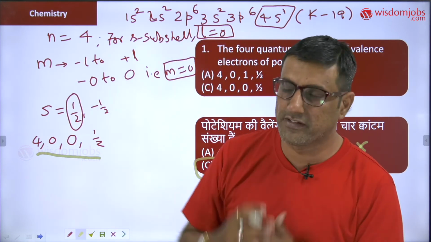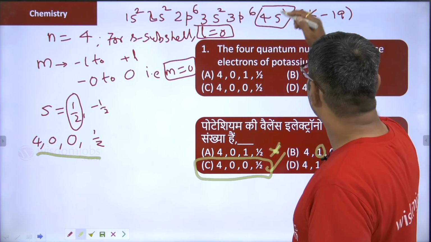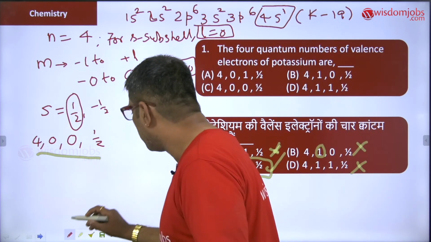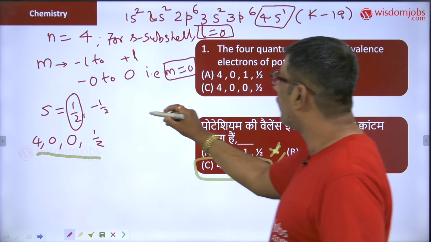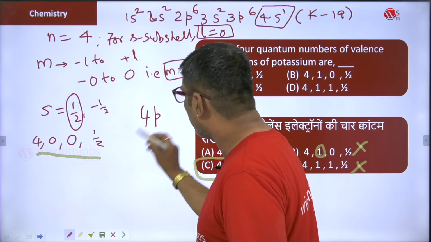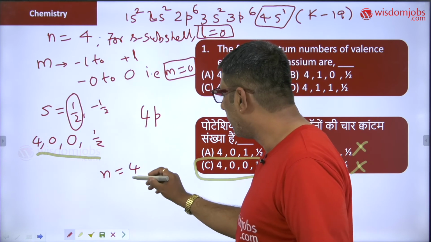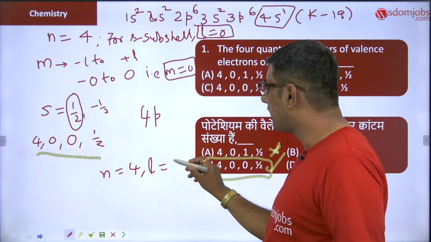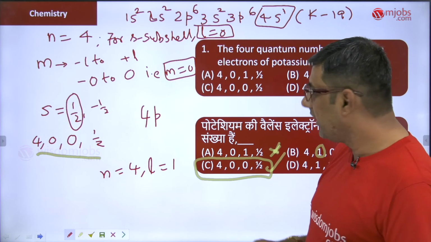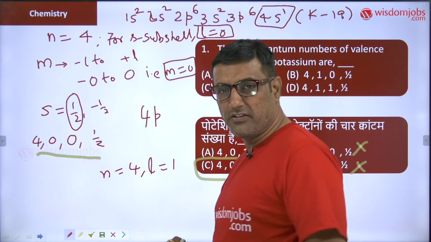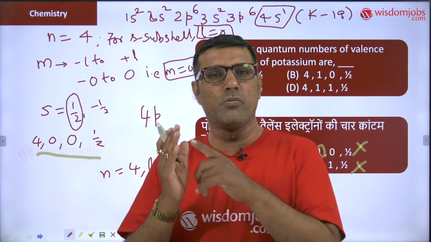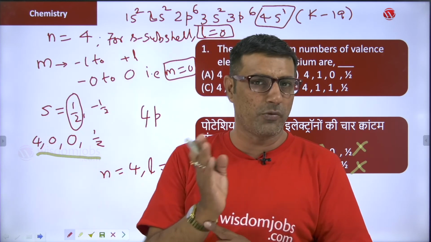Now for example, if instead of 4s1, the valence electron is in the 4p subshell, then for 4p, n is equal to 4, and l for the p subshell is 1. Once again, it depends on whether the valence electron is in 4px, 4py or 4pz.